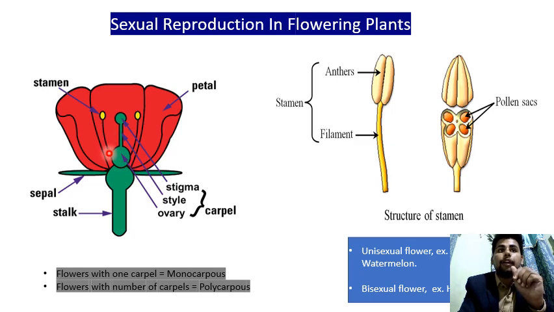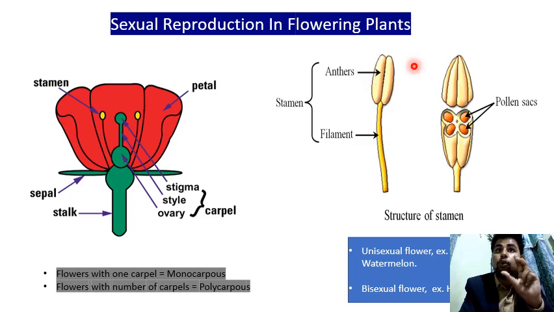The first reproductive organ which I am going to discuss is the stamen. These are the stamens, and there is an individual picture of them. The stamens' group is known as the androecium and they are the male reproductive organs of the flower. Each stamen has a cylindrical stalk which is known as the filament, and also has a terminal lobe, a kind of swollen structure, which is known as the anther.